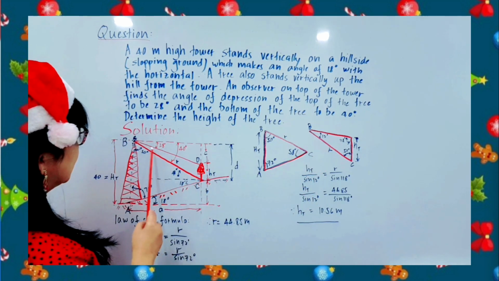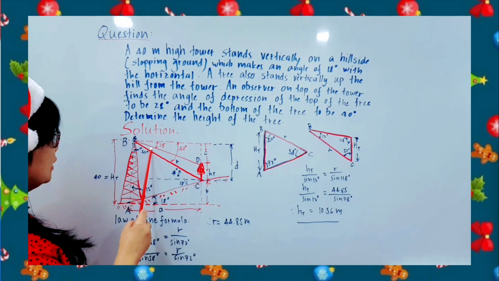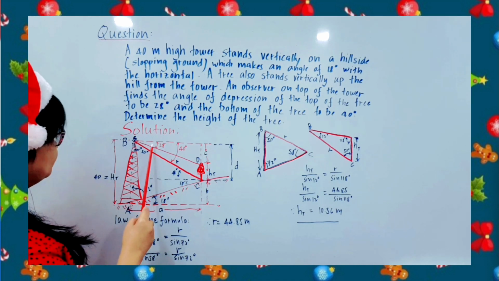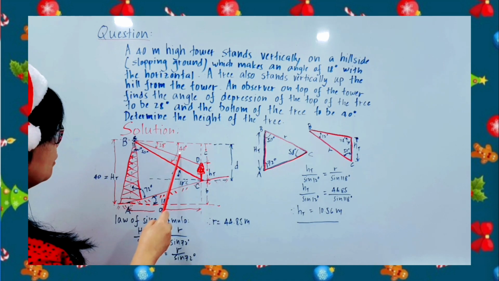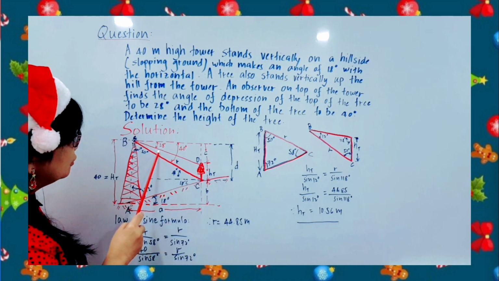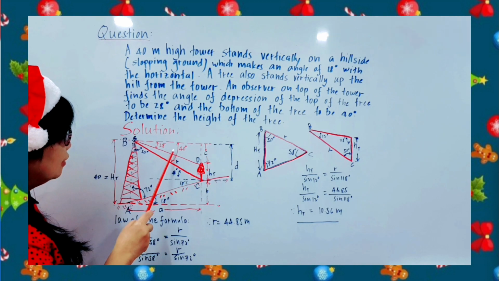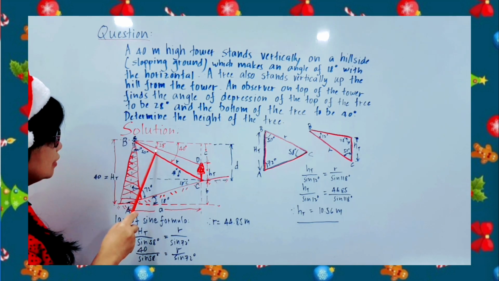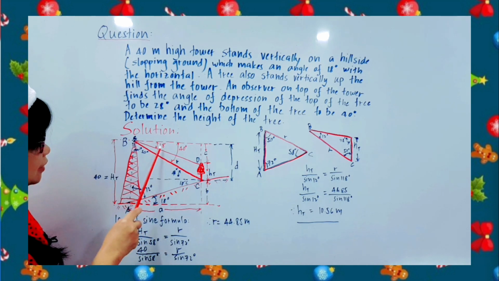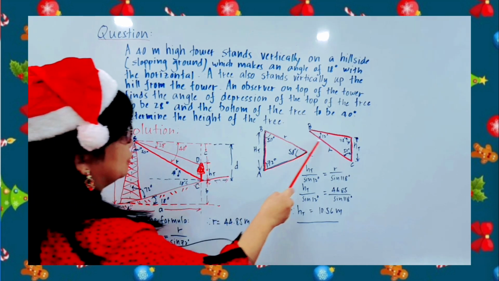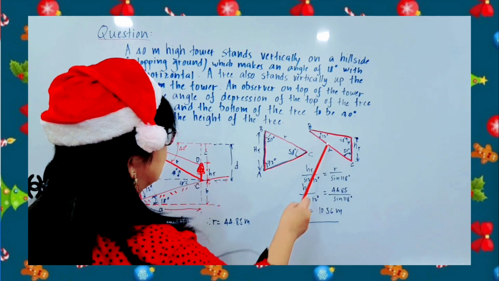Now, dito naman, dahil meron tayong 28 at meron 40, so ano to? Anong angle to? 40 minus 28 is equal to 12 degrees. So, nandyan na naman yung 12 degrees.